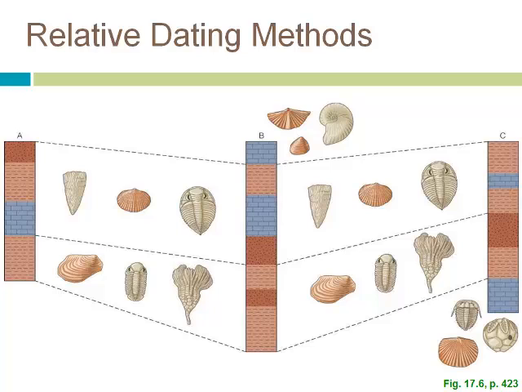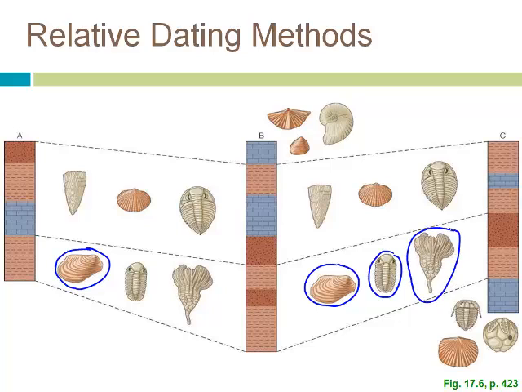Then we have the principle of fossil succession. This is basically where we find fossils that look a specific way, and you find them in specific layers. So here we have this sort of clam-shaped fossil, and a trilobite. This is a brachiopod, a trilobite, and this one I'm not quite sure what it is.